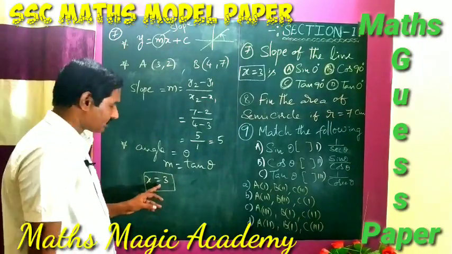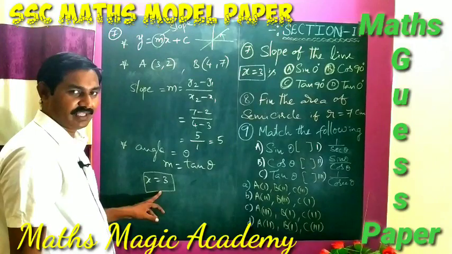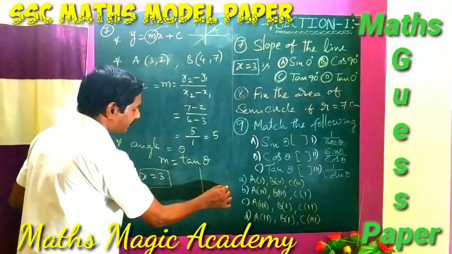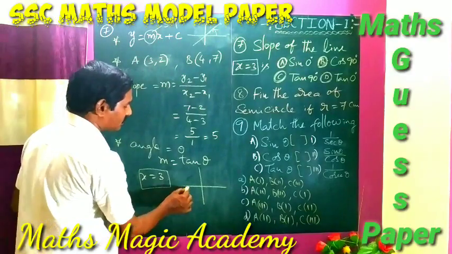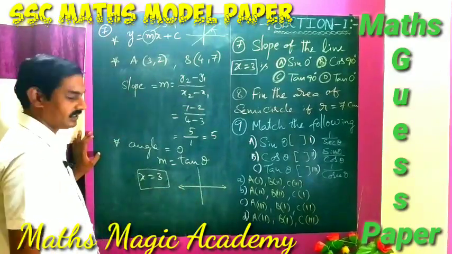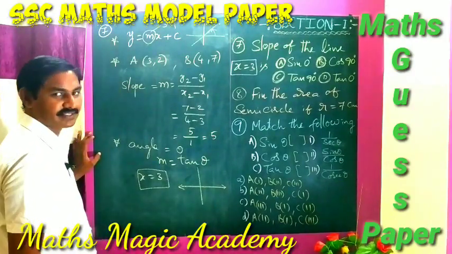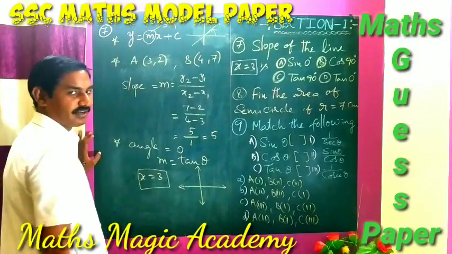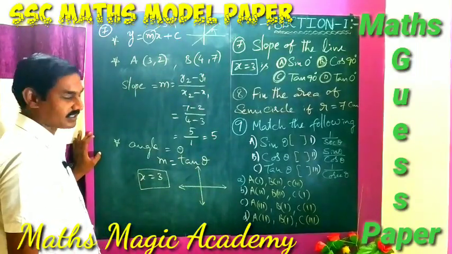Here x equals to 3 is given. First, the slope of x-axis is 0. The slope of x-axis is 0 and the slope of y-axis is undefined. So what is that, children?